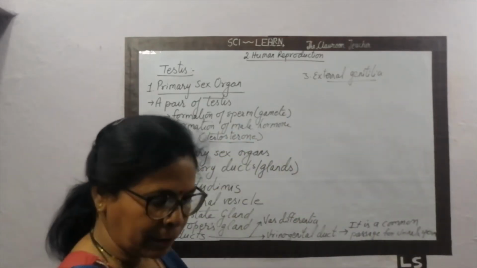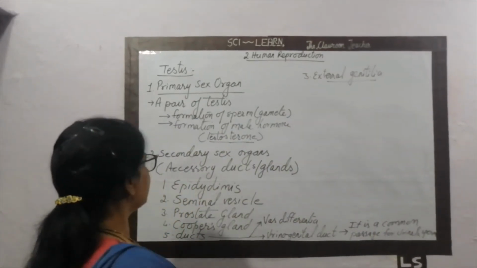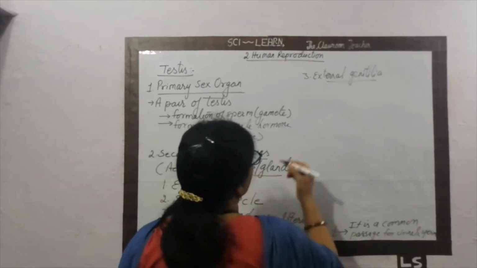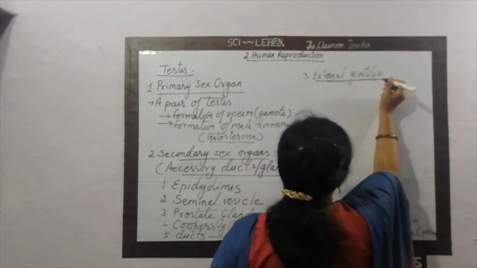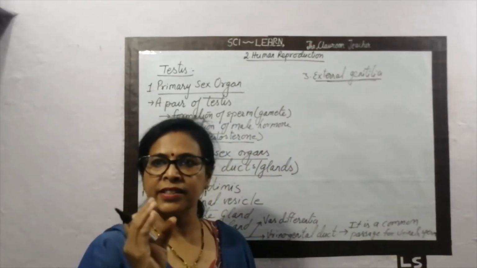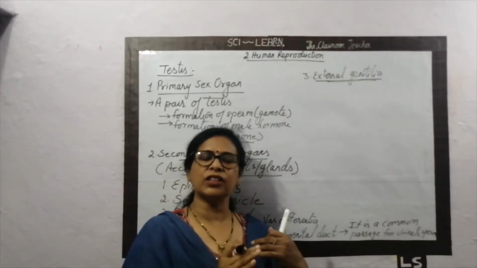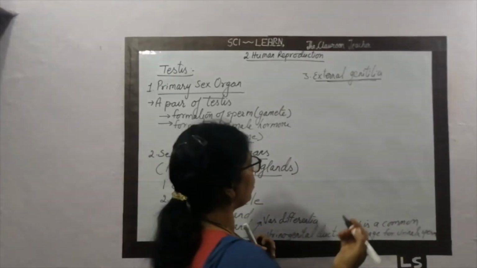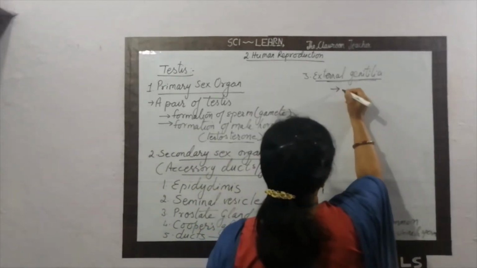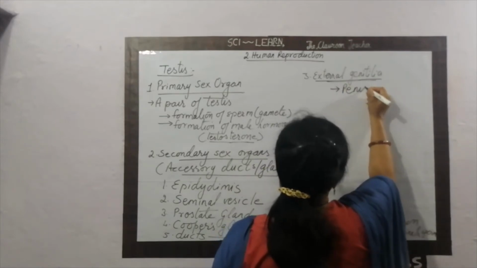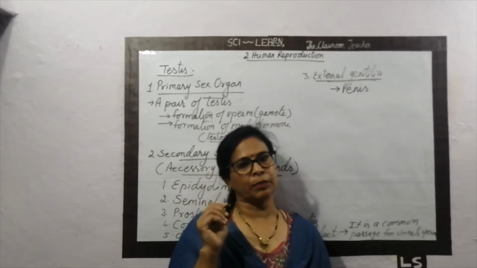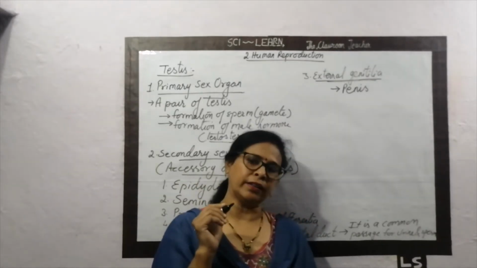First is the primary sex organ, then the secondary sex organ that we mentioned as the accessory duct and gland, and third is the external genitalia. External genitalia means it is seen from outside the body. And what is the name of the organ placed here? It is called penis. It is the external organ which represents the sexual part in the male.